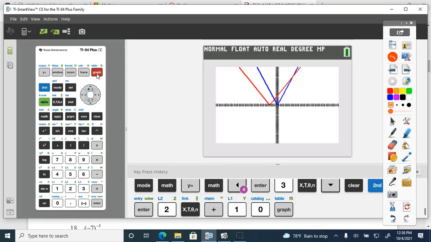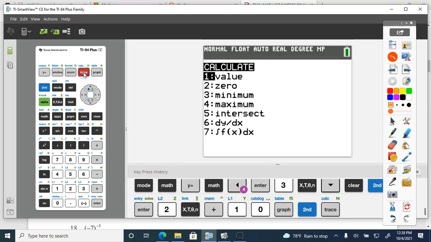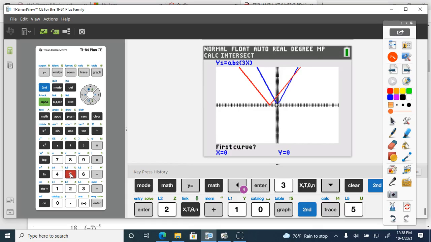And we graph. Now, what's different about this one? It has 2 answers. So we have to do second, trace, intersect how many times? Twice. Second, trace, intersect. Now, I've just been hitting enter, boom, boom, boom, because they've only been intersecting once. So when they intersect twice, you need to move that cursor as close as you can to whichever one you're trying to find.